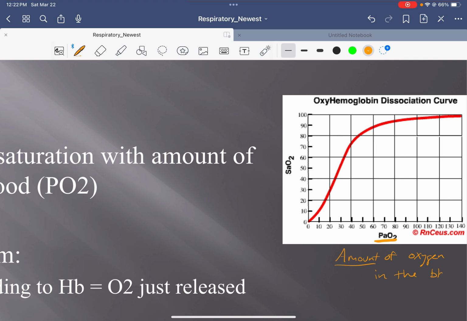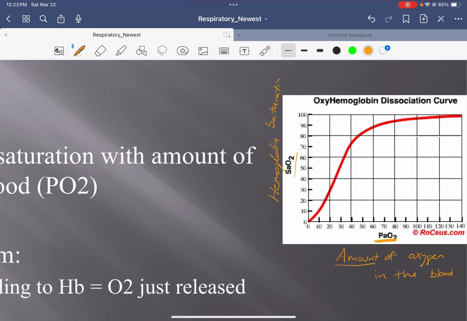Yes, more specifically, it's the partial pressure of oxygen in the blood, but that really is a direct representation of the amount of oxygen. And then on the y-axis, we're talking about hemoglobin saturation.